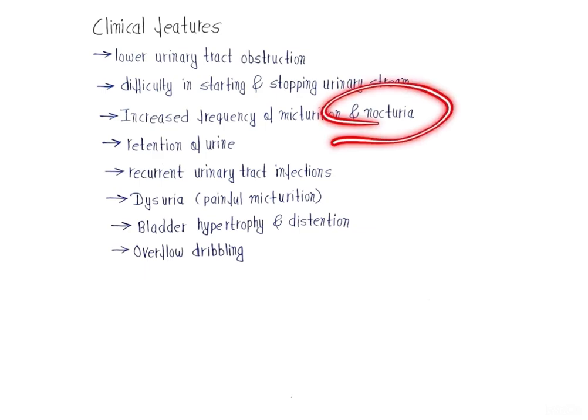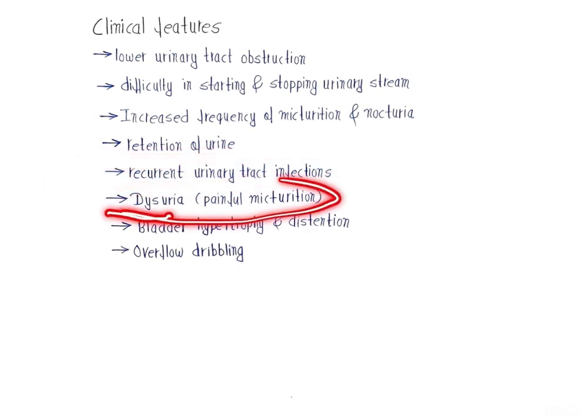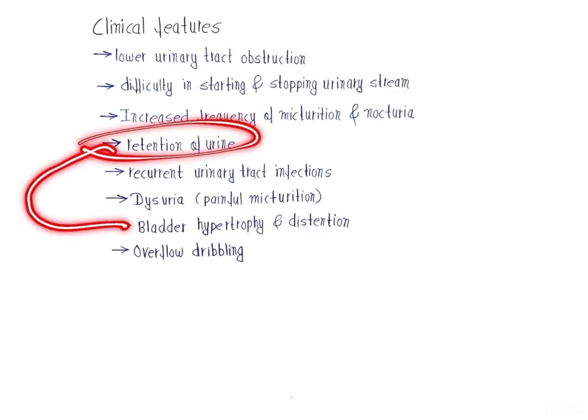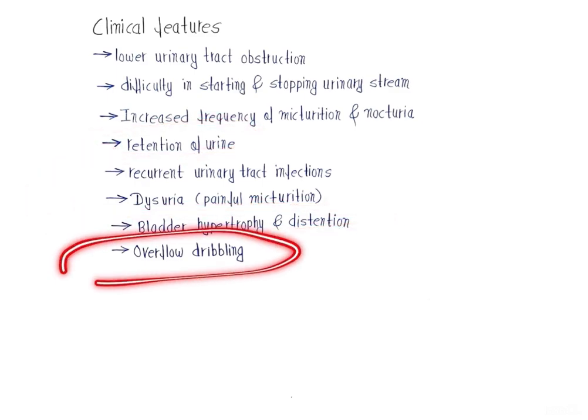There will be retention of urine as emptying of the bladder is not happening. As a result of this urinary retention, there will be recurrent urinary tract infections. Dysuria, that is painful micturition, will be seen. The urinary retention will also result in bladder distension and hypertrophy, and overflow dribbling will also be present.